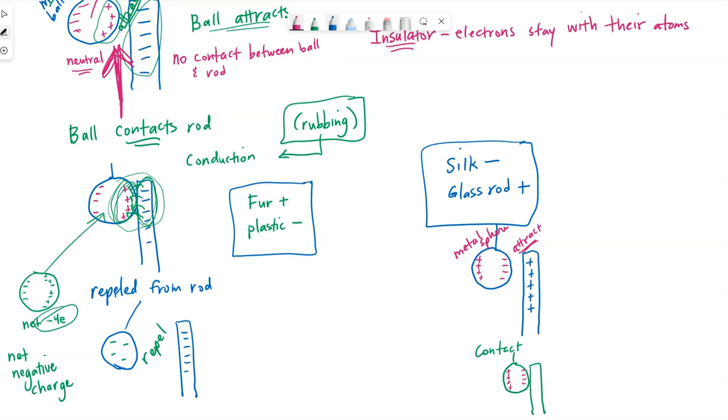But here, electrons are going to leave the ball and jump to the rod. It's only electrons that can move from object to object. The protons are tightly bound in the nucleus. And so because some of the electrons leave and jump to the rod, this sphere now has a net positive charge.